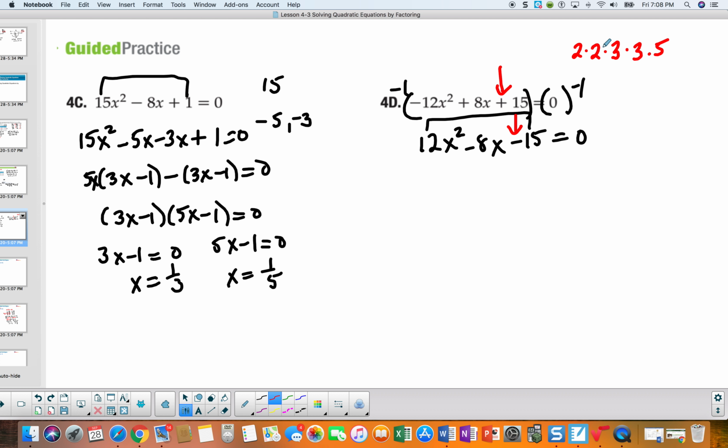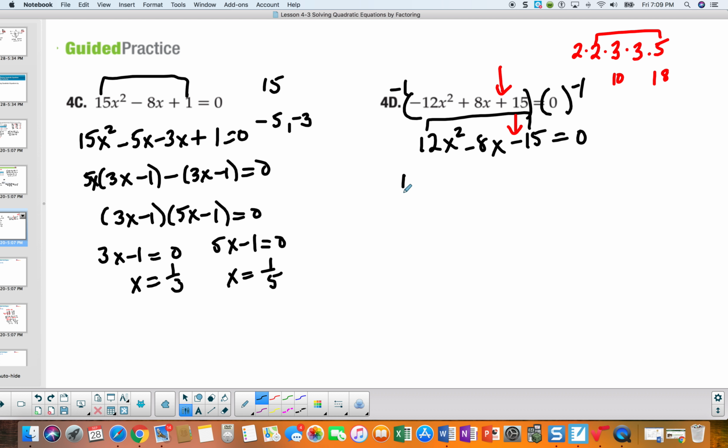So I'm thinking, let's see, there's a 10, and then this is 18. 10 and 18 make this product right here, 10 times 18, and when I subtract it, I'm going to get an 8. So that's my hint. I'm going to use 10 and 18 because they're going to make my product here of 12 times 15.